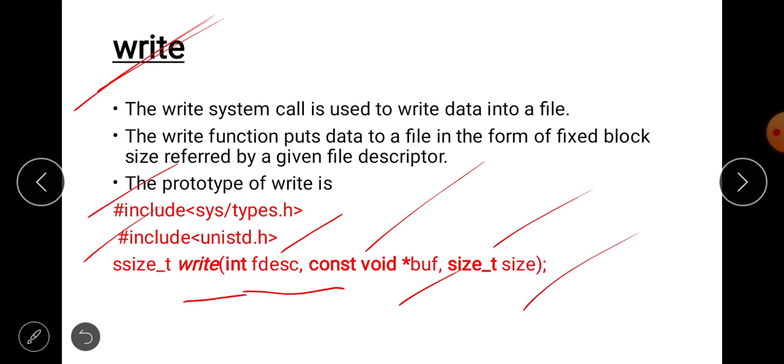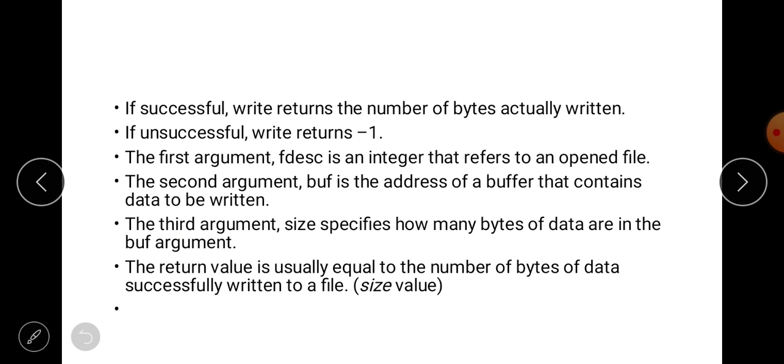The third argument, size, specifies how many bytes of data are in the buffer. The return value is usually equal to the number of bytes of data successfully written to a file. This is the write API function.